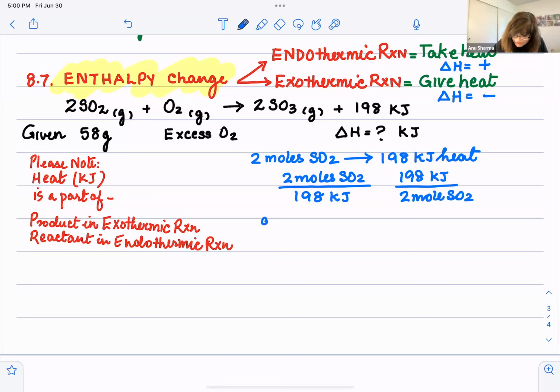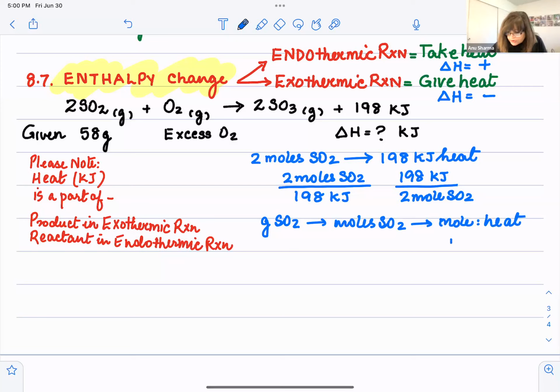You take the grams of sulfur dioxide, convert that to moles of sulfur dioxide, and then use the mole-to-mole ratio of the heat to find out how much heat is produced when you use a certain number of grams of a starting material. So let's do this.